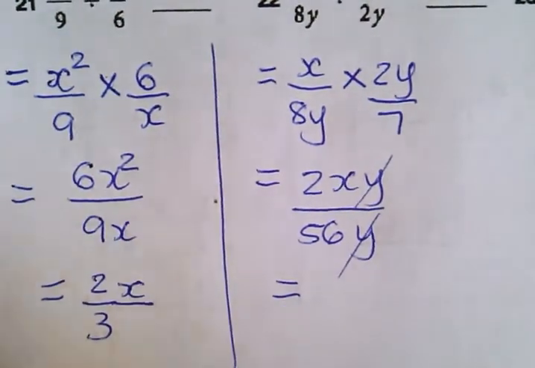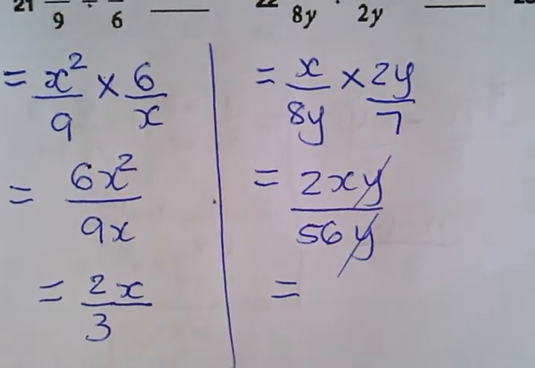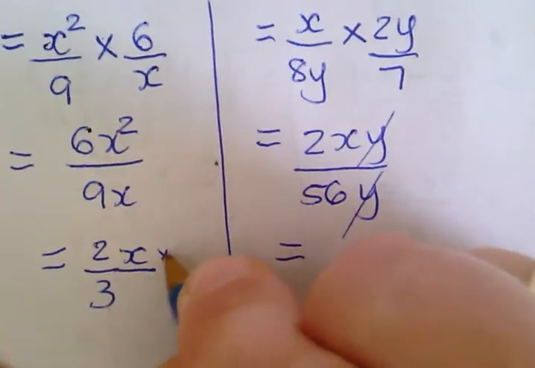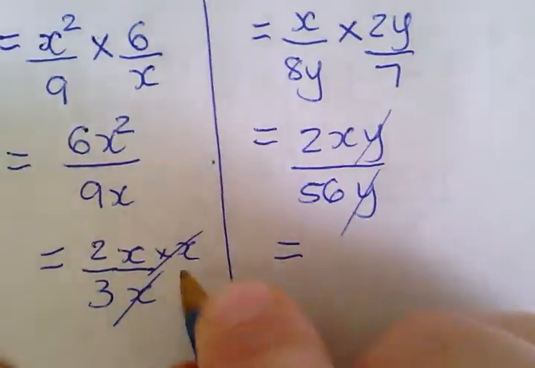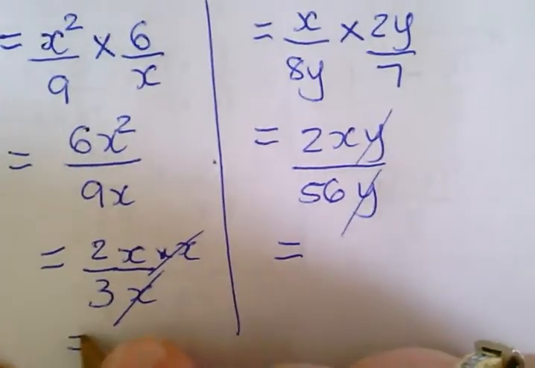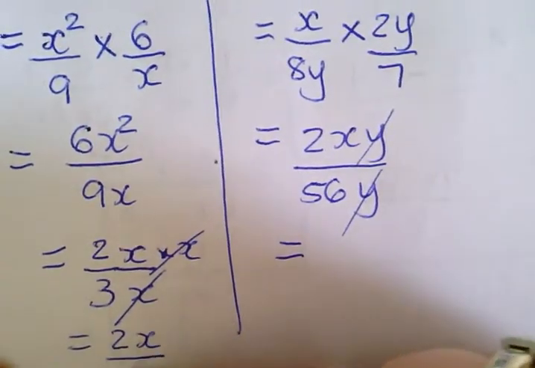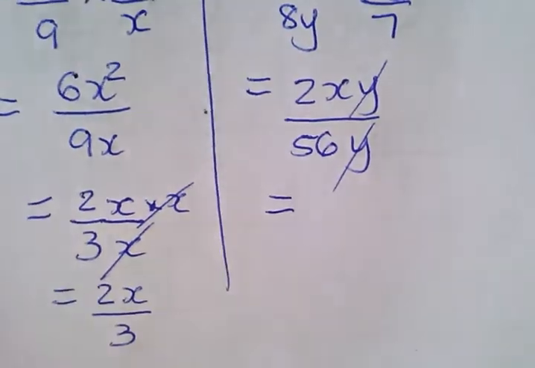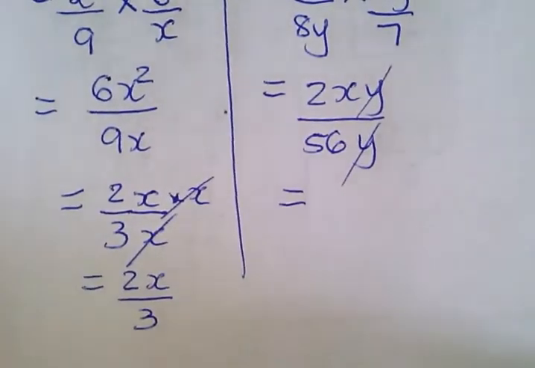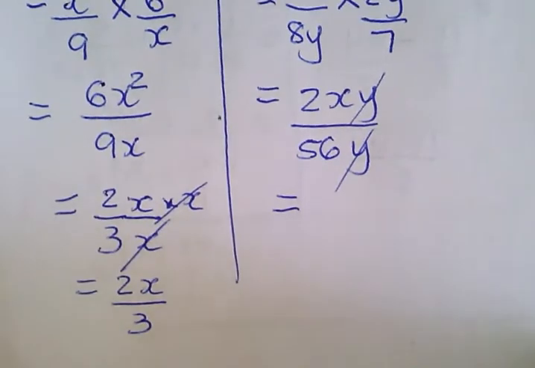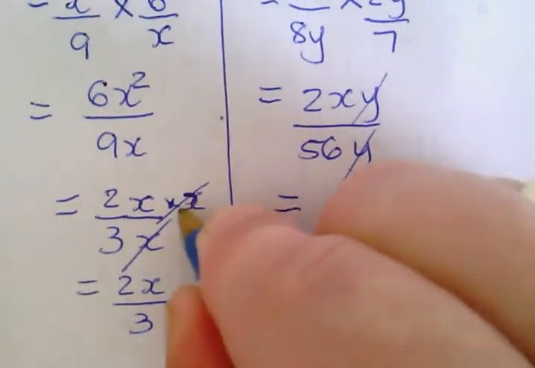Here, this x squared, think of it as an x times an x, and one of the x's on the numerator cancels with one of them on the denominator. If you want, I can write it like that. Even just put it as xx, and it's 2x over 3. So just showing that 6x squared is like x times x.